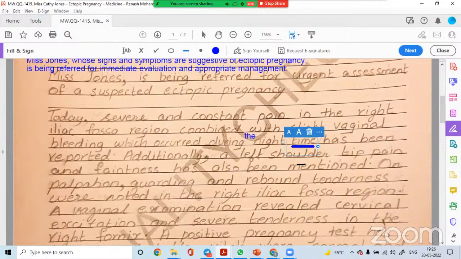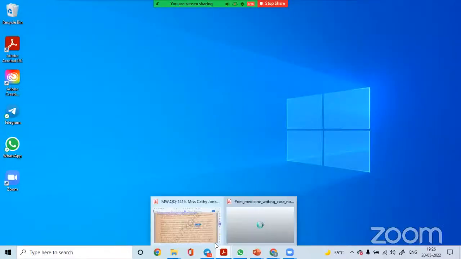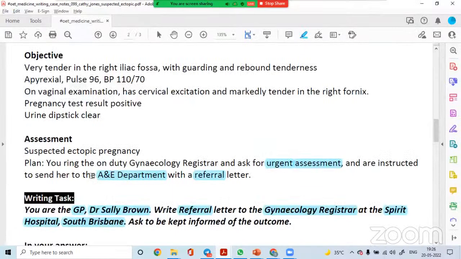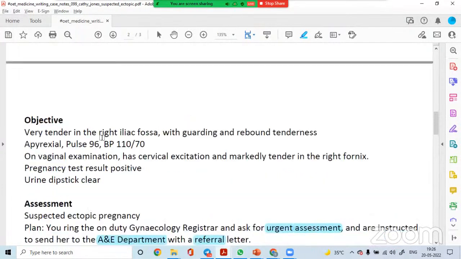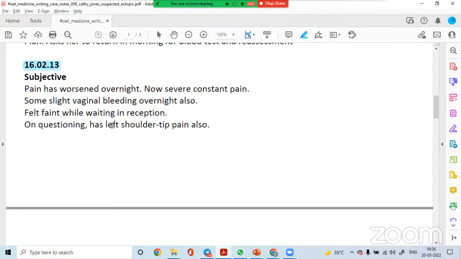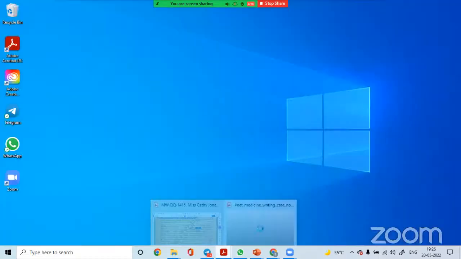Additionally, a left shoulder tip pain. Don't write a pain; one pain, two pains, three pains, like that. It's uncountable. So left shoulder tip pain is enough.